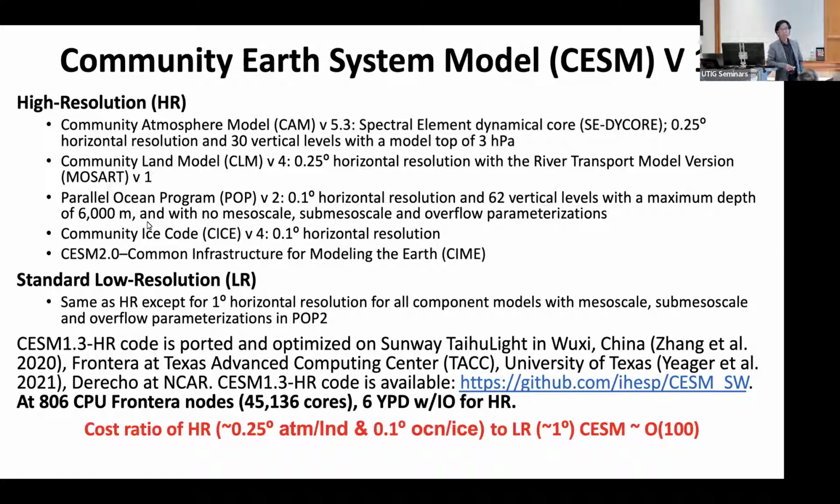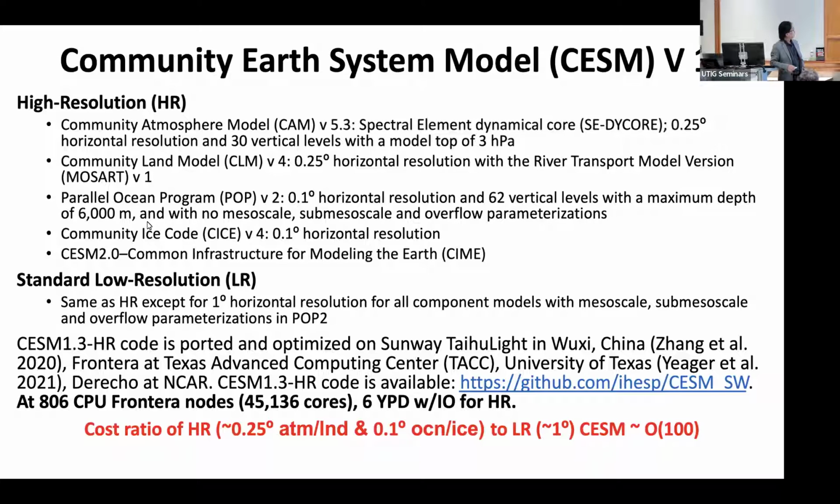And the reason for that is that, as some of you may know, the newer version, especially in the atmospheric component, after they implemented the new parameterization scheme called CLUBB, the model gets a lot more expensive. It's very expensive to run. And we did some earlier comparisons. We don't see any advantage of running version 2. So we decided to downgrade the version to stay in version 1, for computational efficiency purposes.